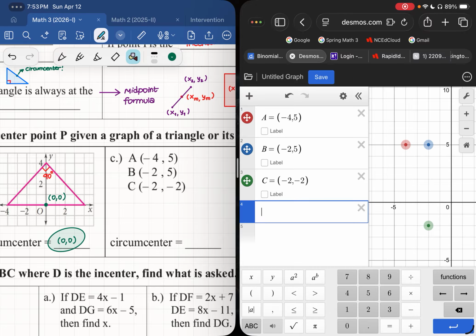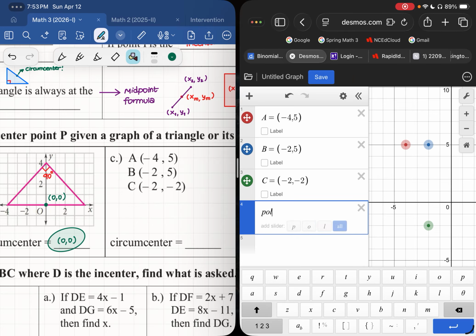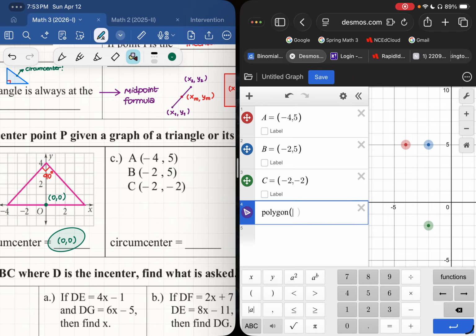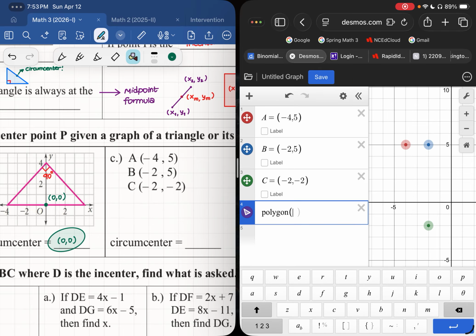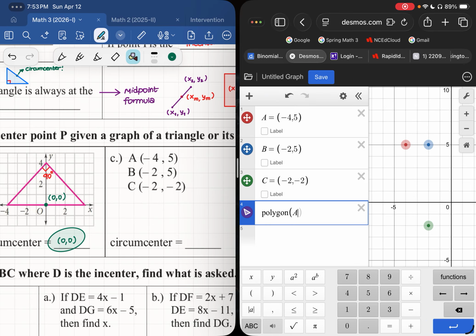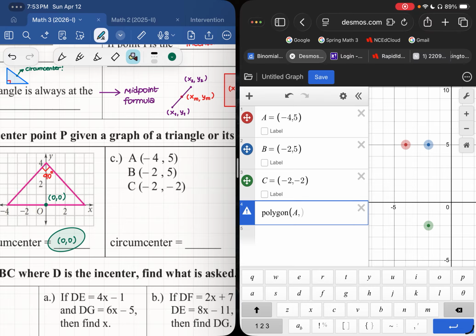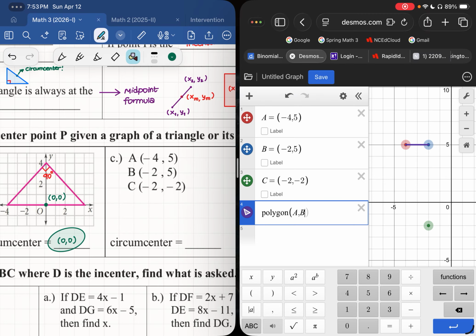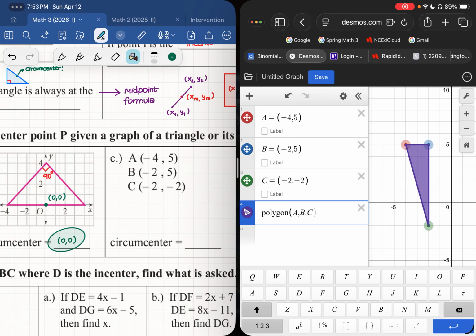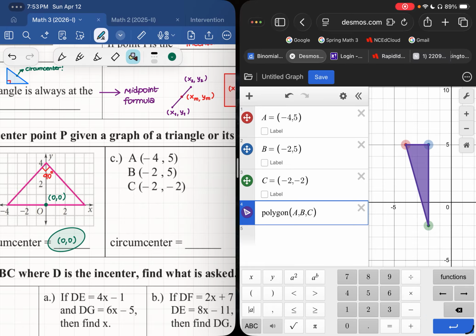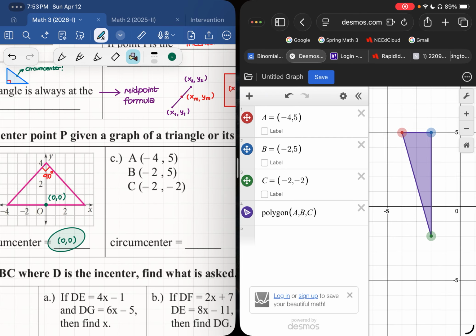Okay, so to make it a little more understandable, I'm just going to write this command, polygon, okay? And in parentheses, you're going to put the letters like this, A, comma, B, comma, C. In this case, this is going to show you the graph of the triangle.